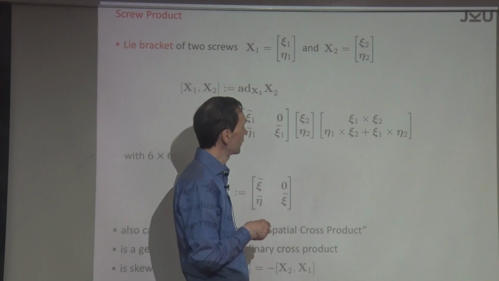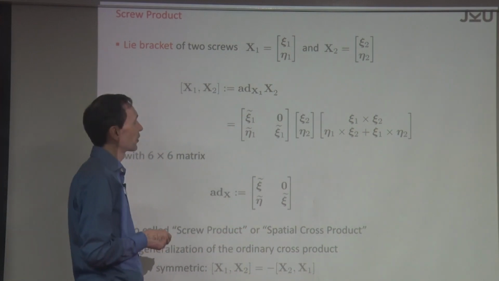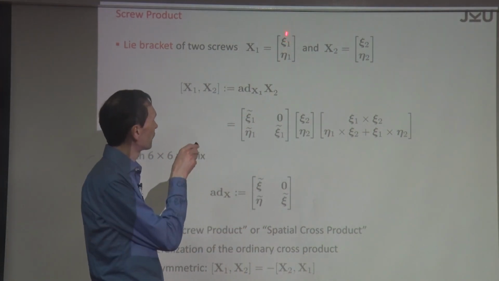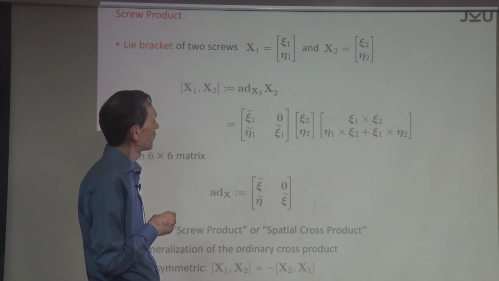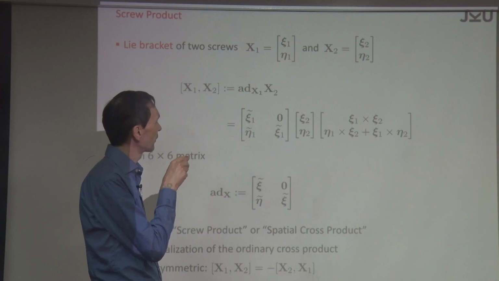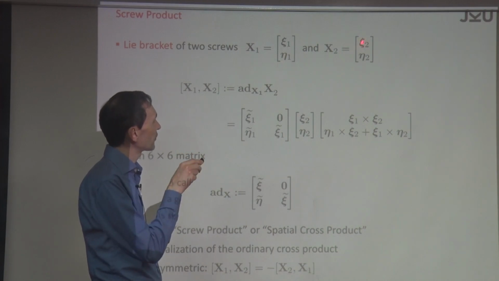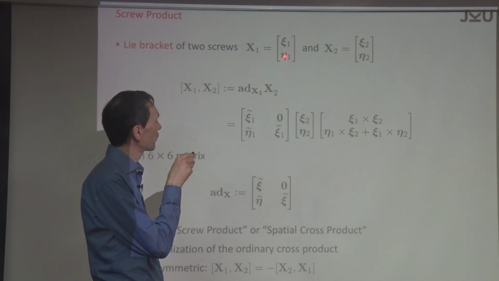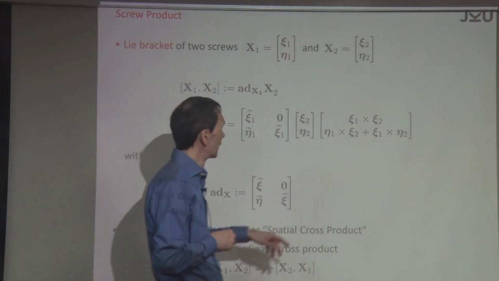What I've been saying, I mean, if you want to remember this, it's pretty simple. The first part is the cross product of this and this, and the second part is the cross product of this and this, minus the cross product of this and this. So the last one was minus C2 cross eta 1.